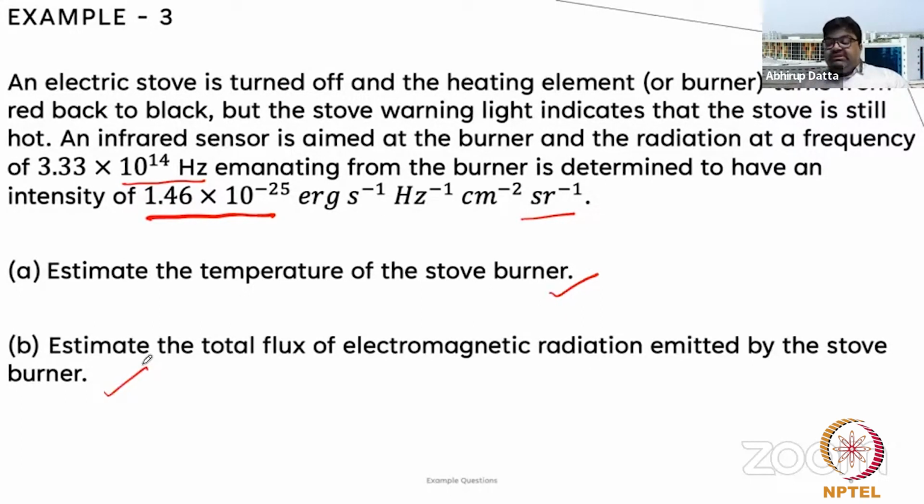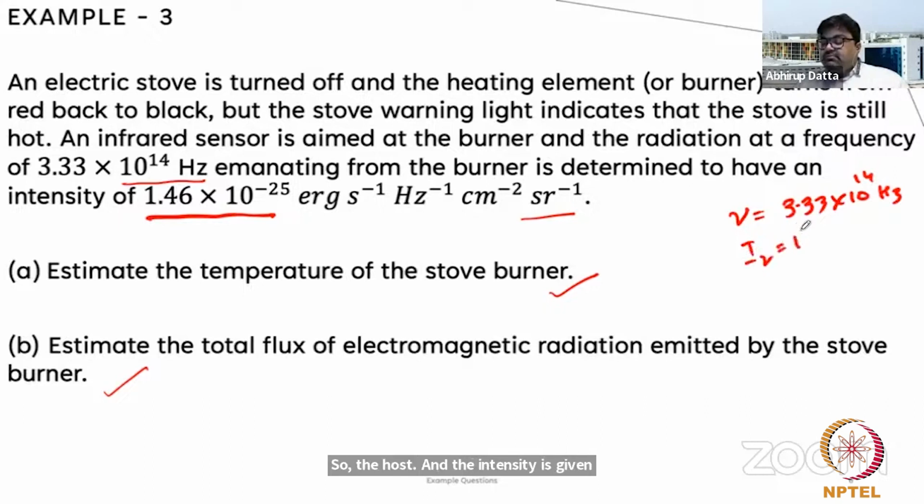So we have a frequency that is 3.33 × 10^14 Hertz, and the intensity is given by 1.46 × 10^-25, the entire unit.